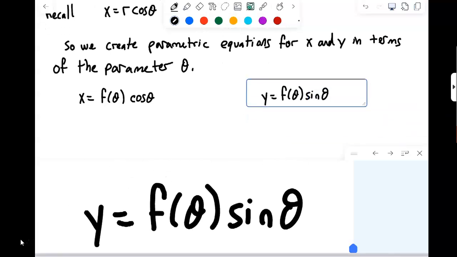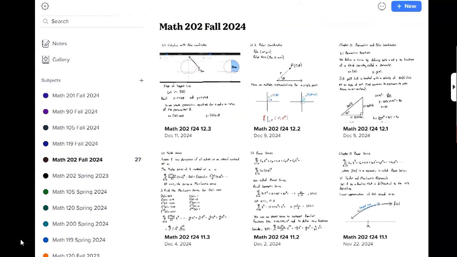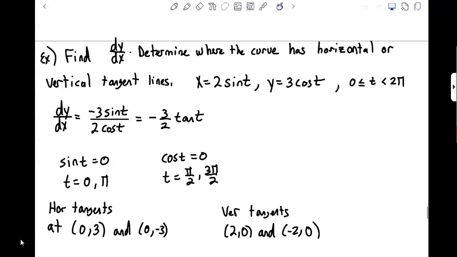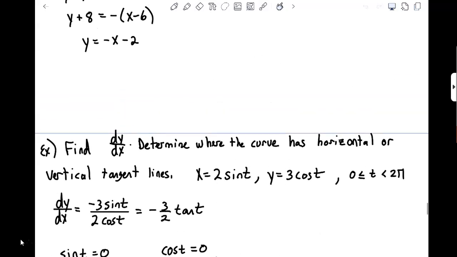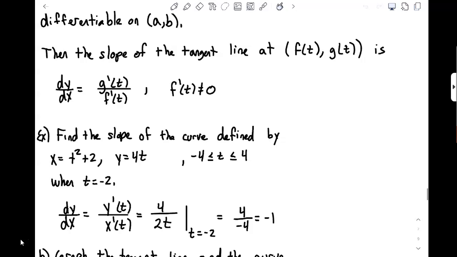Now the way this helps us is that we've already talked, very recently, about how to take the derivative of parametric equations. Remember, the idea is that we take the derivative of the y function over the derivative of the x function.